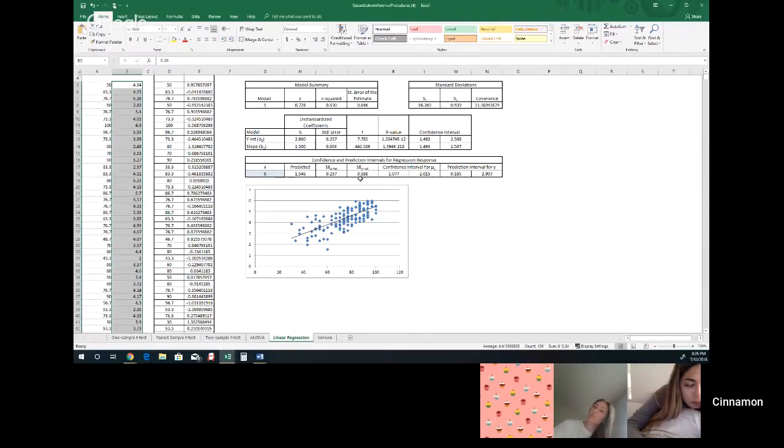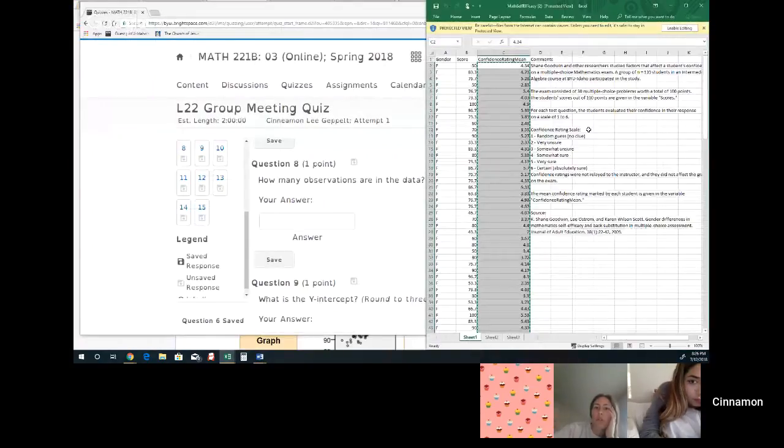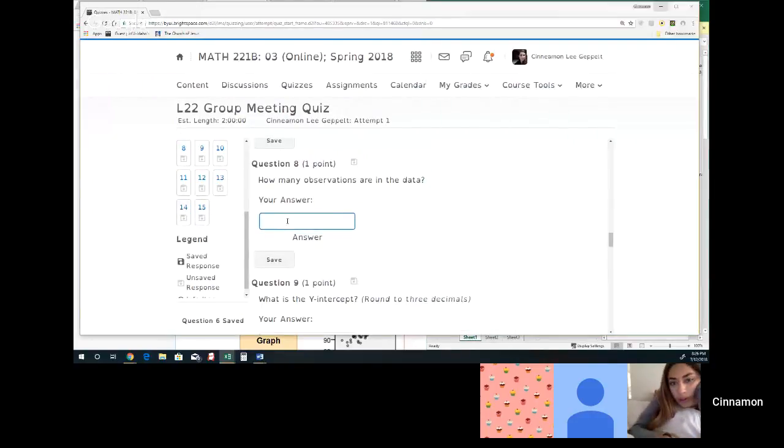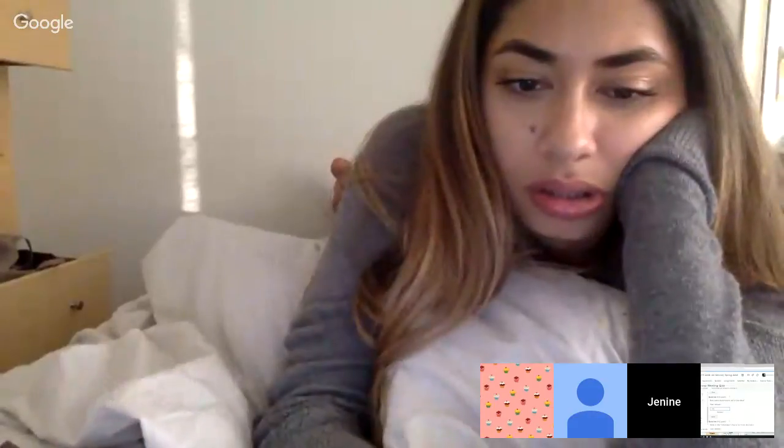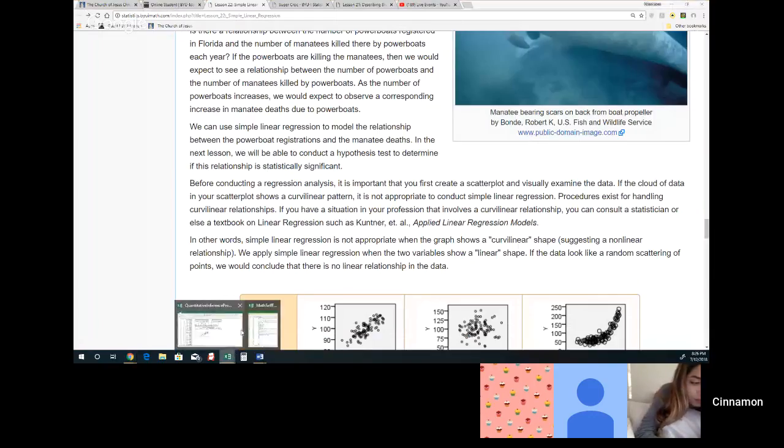Maybe it doesn't. Okay, I don't see it. This starts at 2, so I'm thinking 139. How many observations are in the data? I don't know. Do you know what that means? No. Okay, I don't know either.